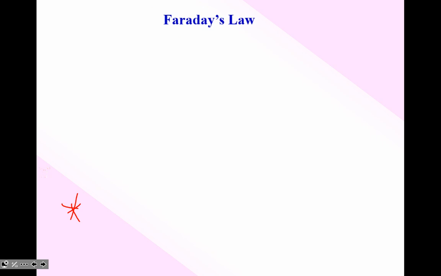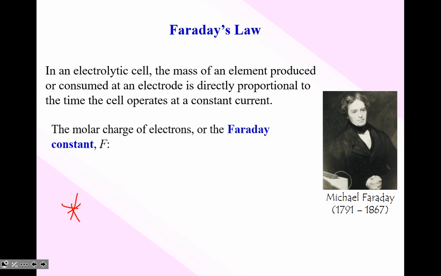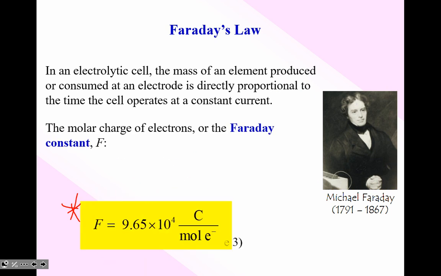So let's take a look at Faraday's law. Faraday's law kind of helped us understand something called Faraday's constant. There are different types of Faraday's understanding, because in physics, Faraday comes in when we're talking about induction. But for chemistry, for our purposes, we're just looking at the Faraday constant.